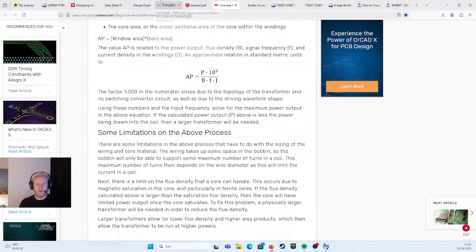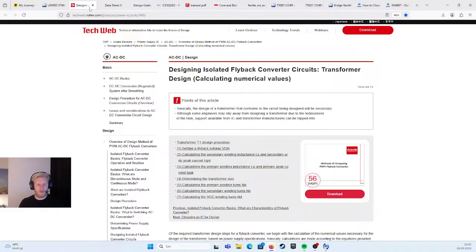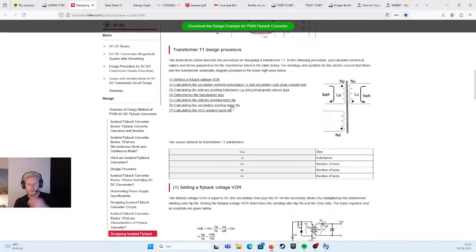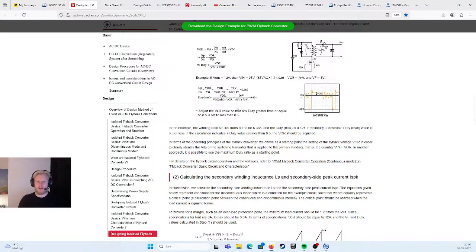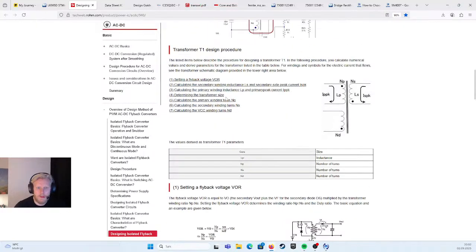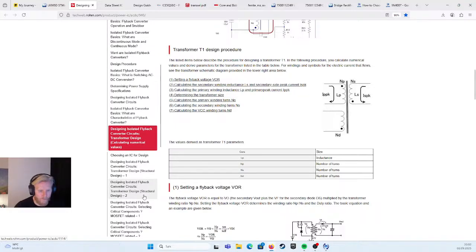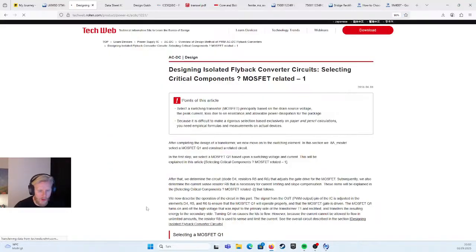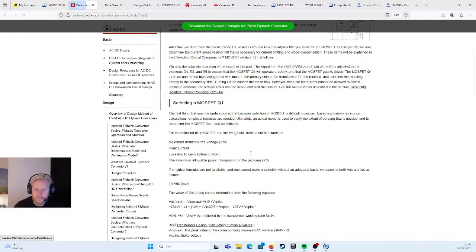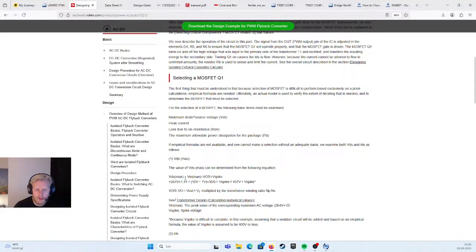And I think maybe we can look at the design guide here, where we're selecting MOSFETs. No. Yeah, this is where I saw it.